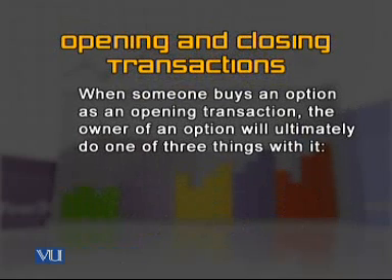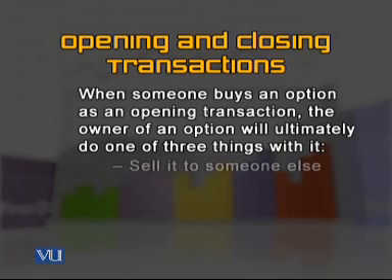When someone buys an option as an opening transaction, the owner of the option will ultimately do what? One of three things will happen. When you buy an option, there are three normal things that will logically happen to that option. Since he's bought it, he may sell it to someone else, which would then be the closing transaction.